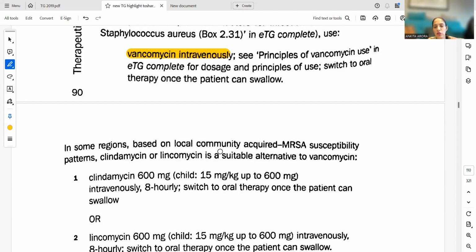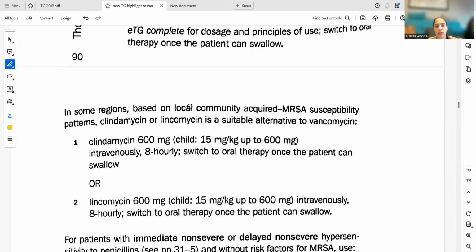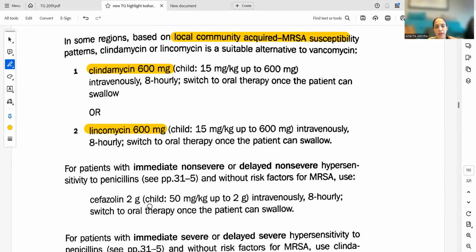In some regions, based on local community-acquired MRSA susceptibility patterns, clindamycin or lincomycin is a suitable alternative to vancomycin. So it is based on the local community-acquired susceptibility. Clindamycin or lincomycin, both 600 milligram dosage, IV 8 hourly.